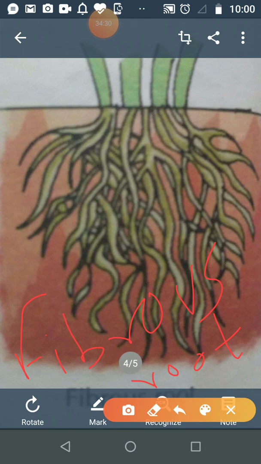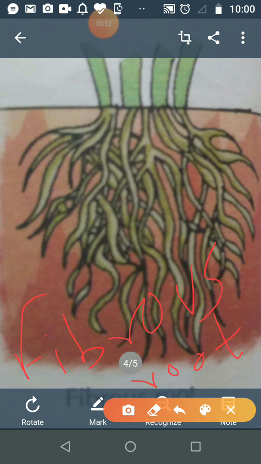Now the next function: roots store food. See students, what happens? Some roots are swollen and thick. They store food. Is it clear? For example, radish, turnip, beetroot. These are examples of plants in which the root stores the food.